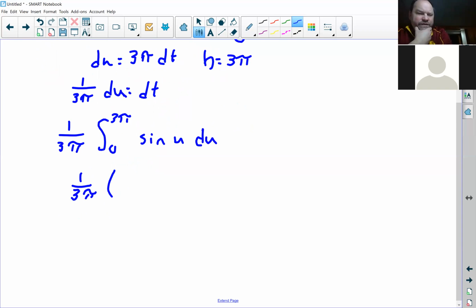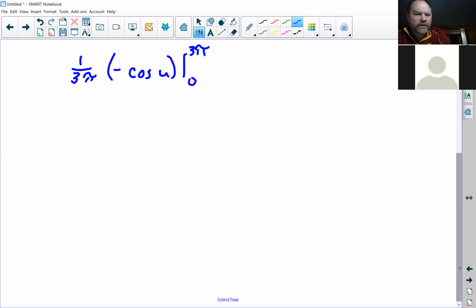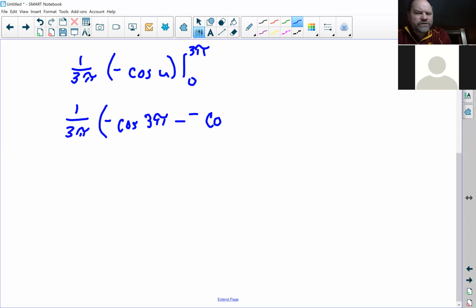Integral of sine is negative cosine. And we'll evaluate that from 0 to 3 pi. So when I plug in 3 pi, I get the opposite cosine 3 pi minus the opposite cosine at 0.